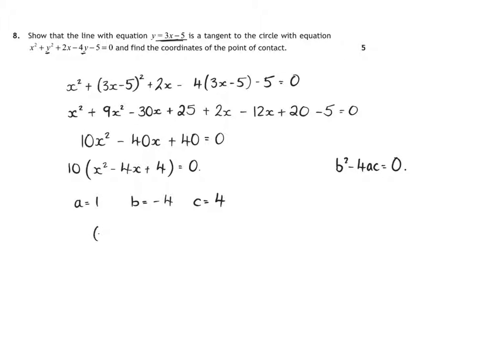So we're going to have minus 4 squared minus 4 times 1 times 4. So that gives us 16 minus 16, which is equal to 0. So as b squared minus 4ac equals 0, the line is tangent.